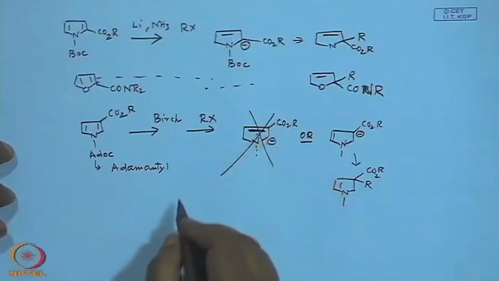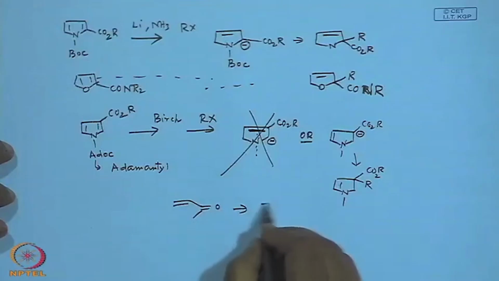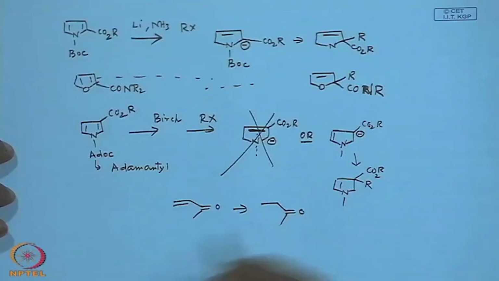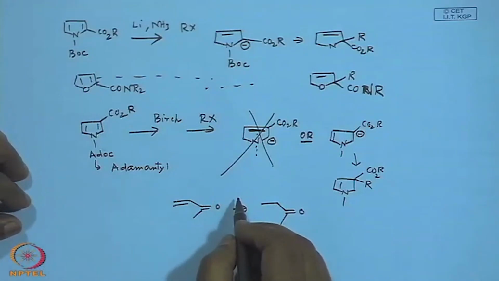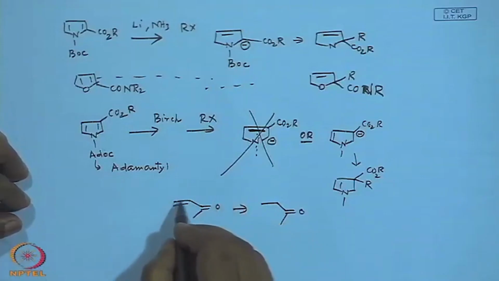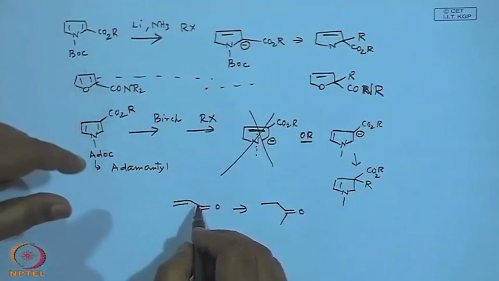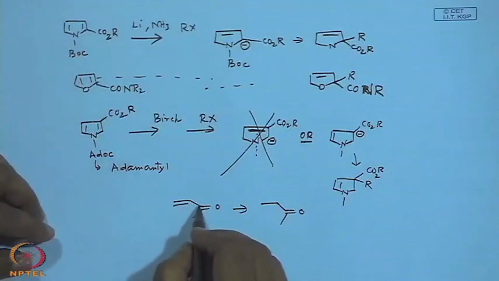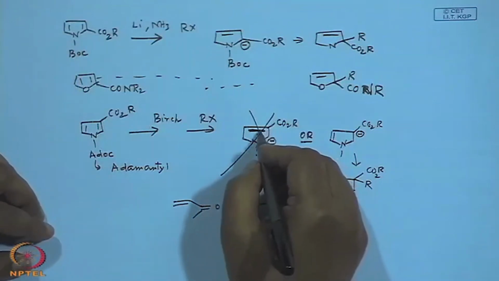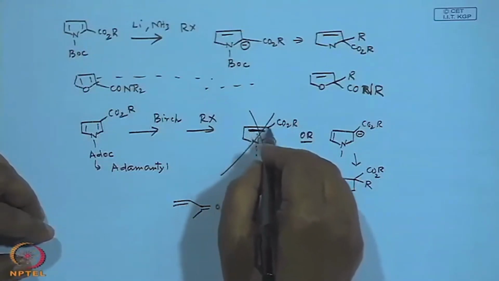For example, many of you know, if you want to reduce this to the saturated one, the very convincing way is to use lithium and liquid ammonia, because Birch reduction is not only used for the dearomatization of aromatic systems, that is why Birch reduction is defined as deconjugation. This conjugation is broken.